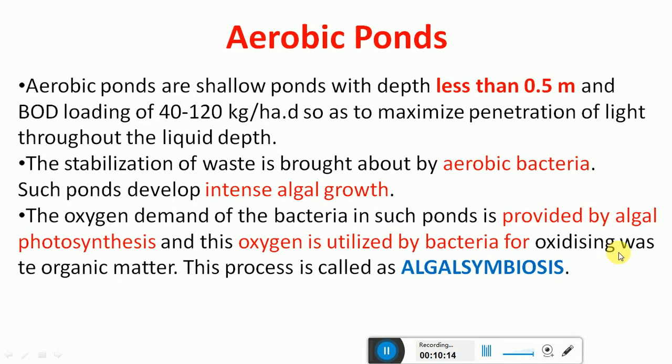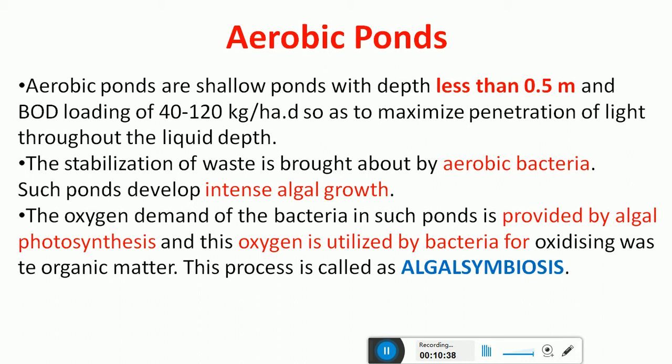So this process we call algal symbiosis. This I explained in the last slide, where the algae and bacteria work hand in hand to stabilize the organic matter. That process we call symbiosis, or algal symbiosis.